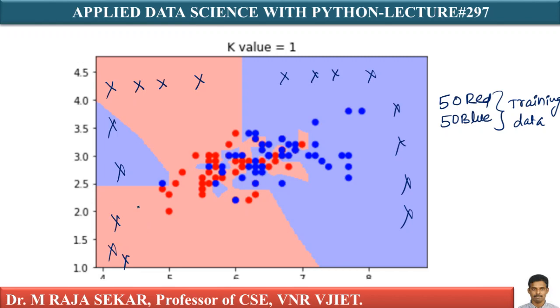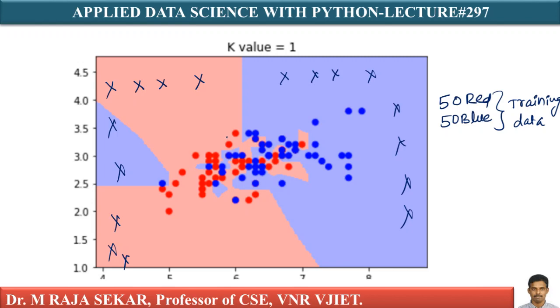I ask myself, given this query point, what is its class label? So I do this for the whole grid. For every point, I ask the question: what is the class label for each of these points? In this grid, I am keeping different test points, different query points.